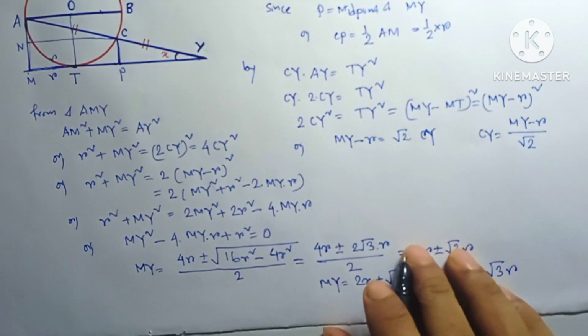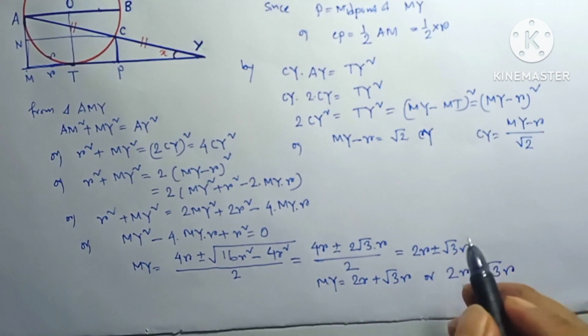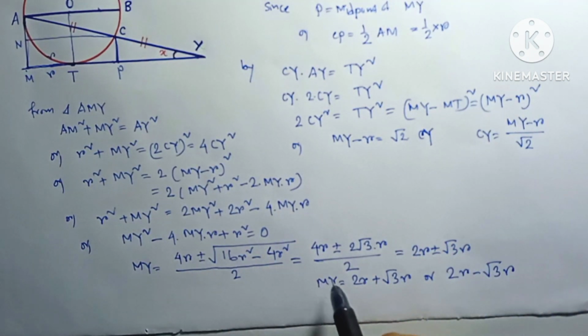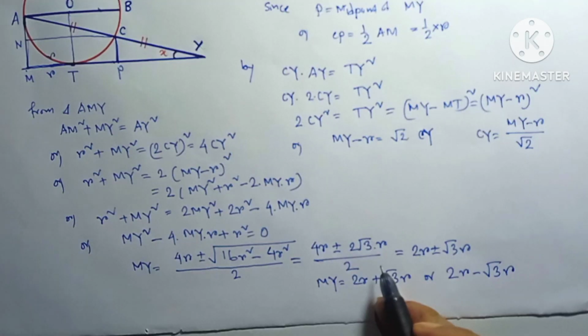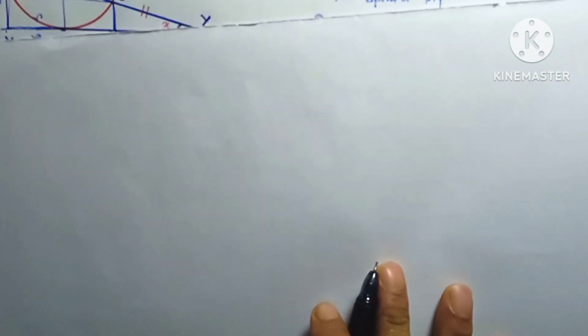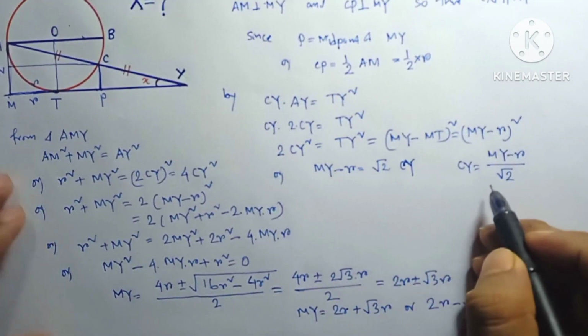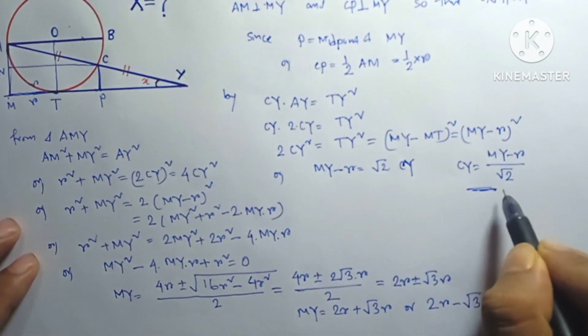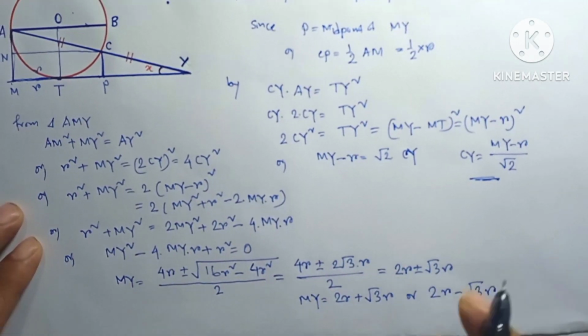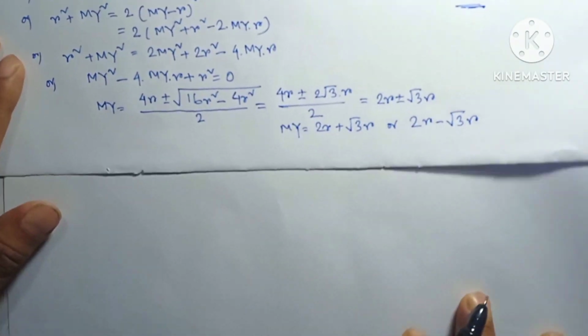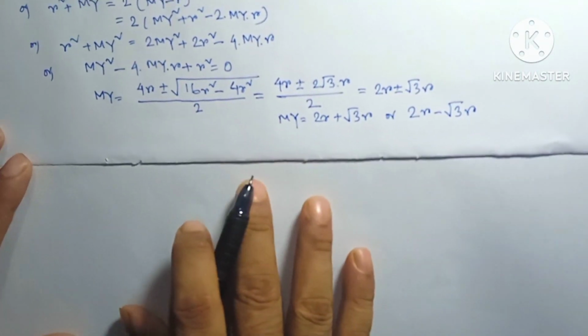Now here is an important point: we cannot accept both roots of MY. You have to check which one is geometrically possible. Previously we know that CY is MY minus R over root 2. So we can check the value.